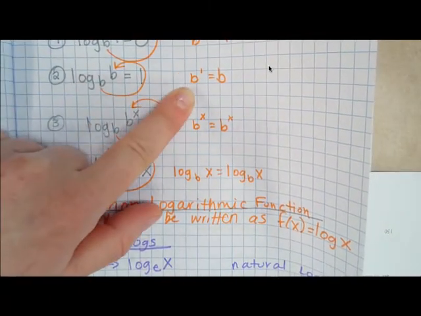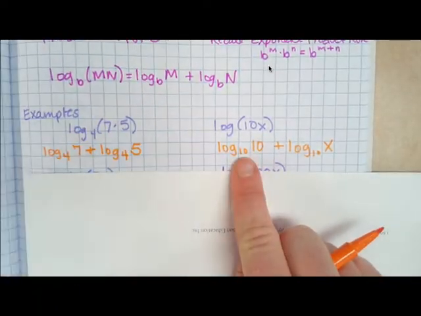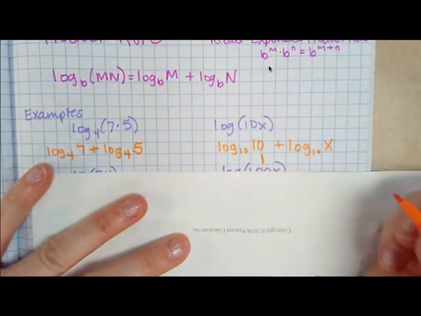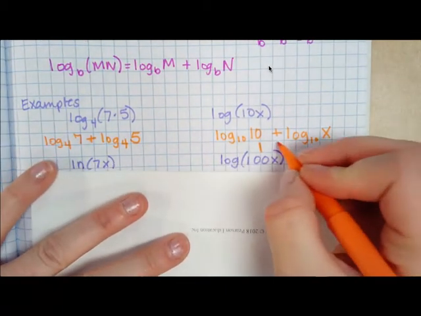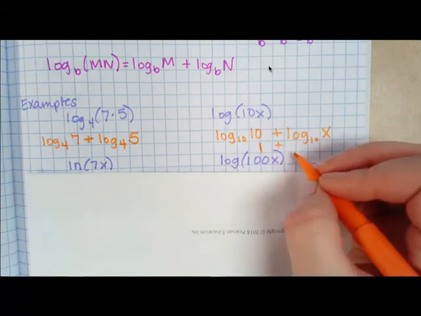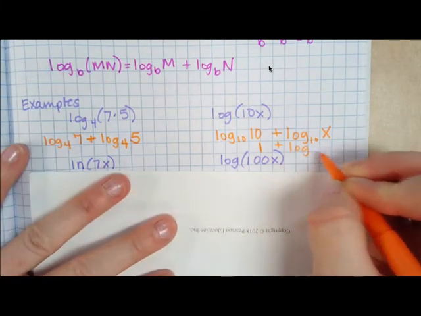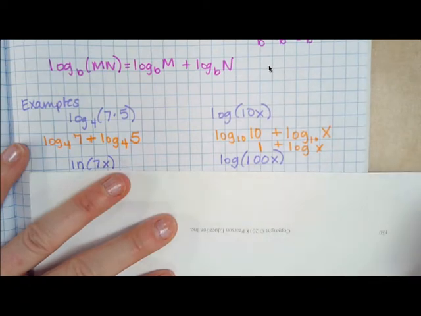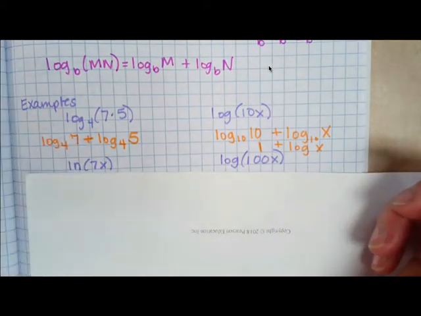So log base 10 of 10 equals 1. So it's 1 plus log base 10 of x, but that 10 doesn't really change anything, so I'm going to put it back to just log of x. Because if I don't have the 10 there, it still means the same thing, a base of 10.